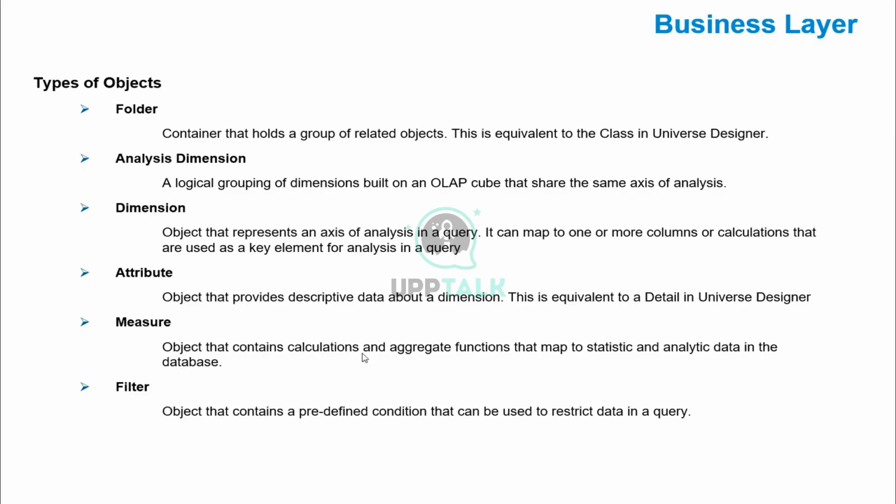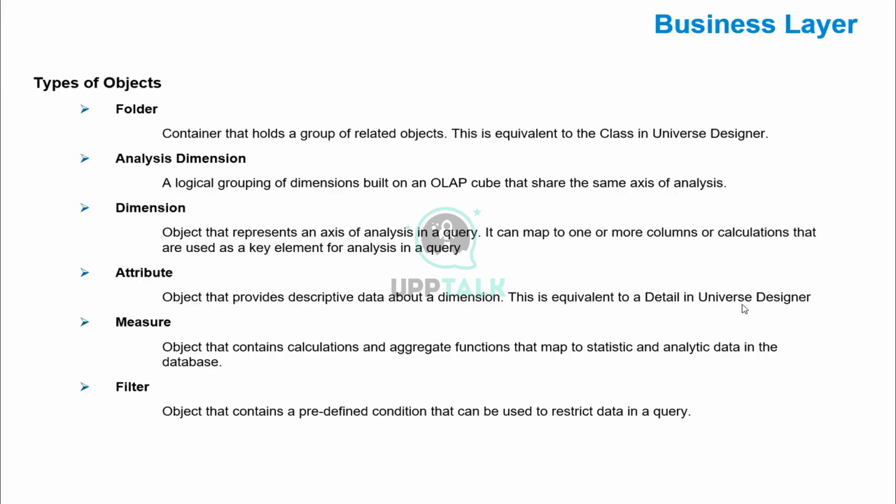A measure is an object that contains calculation and aggregate functions that map to statistical and analytic data in the database. An attribute gives descriptive information about some dimension. Detailed information about dimensions we will have using attributes.